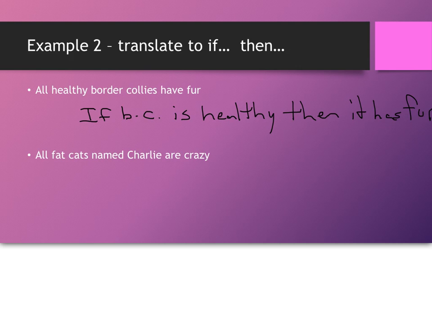Okay? So all healthy border collies have fur can be translated to say if the border collie is healthy, then it has to have fur, or it has fur. I want you to translate this second statement into an if-then sentence.